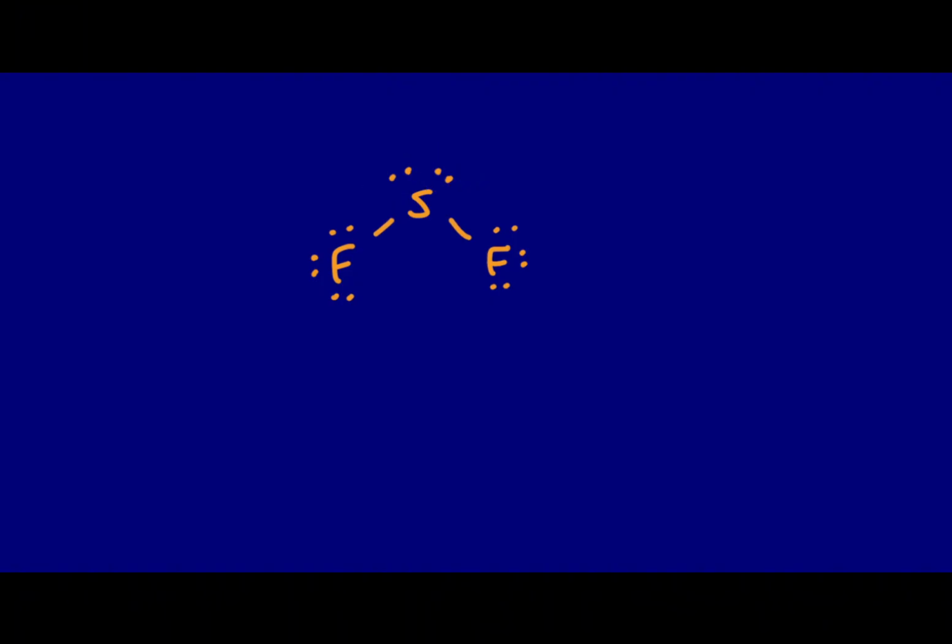So that is going to give us a tetrahedral shape. But then 2 of those 4 regions are specifically lone pairs. Because there are the 2 lone pairs, they're going to push the covalent bonds down, which give us a bent shape. And so we will have a bent tetrahedral molecular geometry.